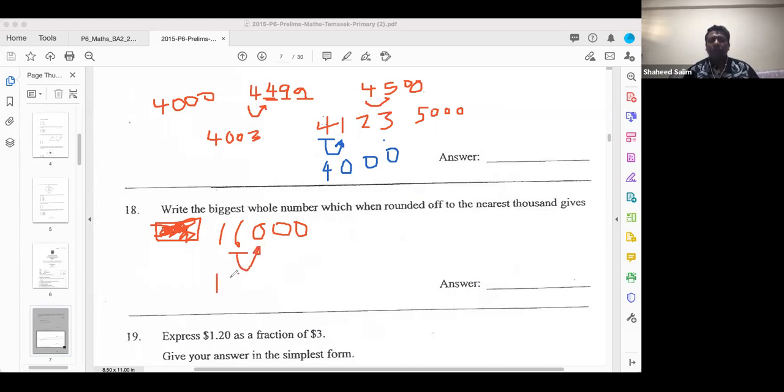What is the biggest number you can put there? Doesn't add 1. 4. What's the biggest digits you can put in these 2? 9, 9. This is the biggest number. You plus 1, this one becomes 17,000. Anyway, we move on.